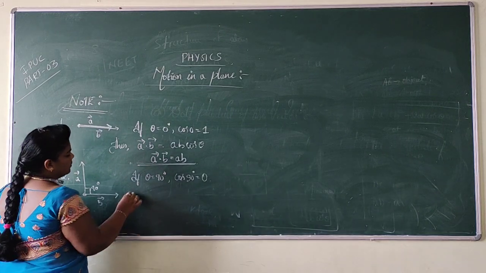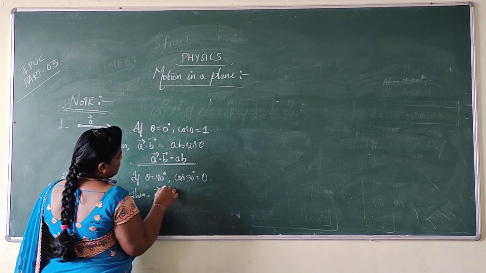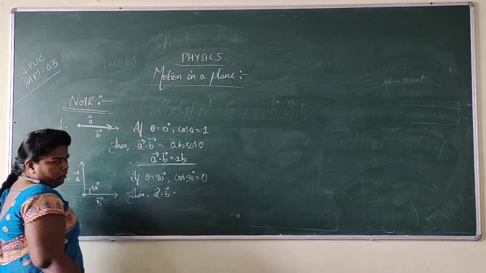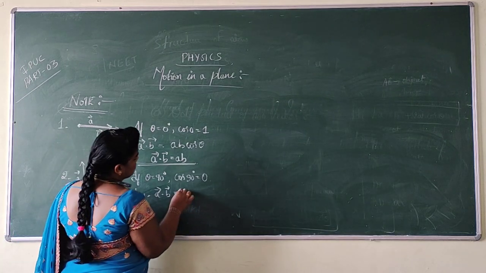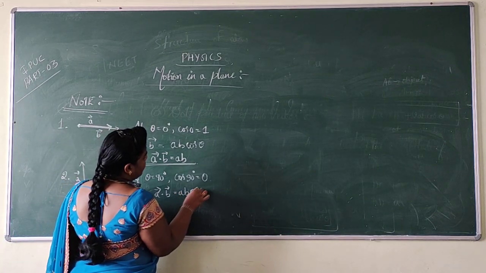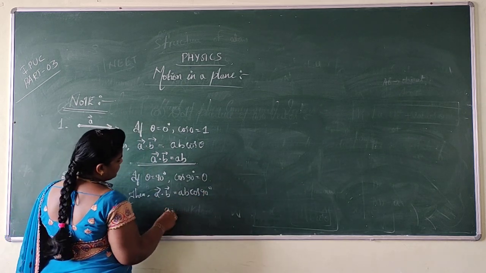Then what happens to the scalar product A dot B? You can observe that carefully. It becomes AB cos 90, and cos 90 is 0. 0 into anything is 0.